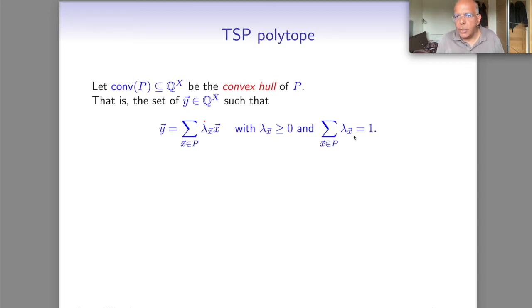Those are the convex combinations of vectors in P. This defines, in fact, a closed polyhedron inside this Euclidean space.